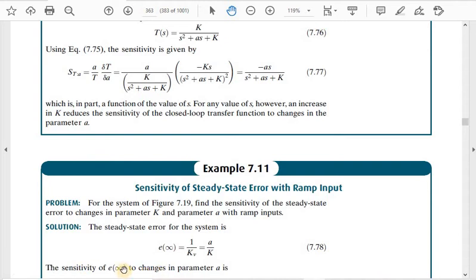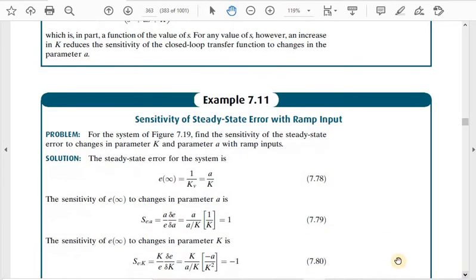Now the sensitivity of error to change in parameter, now this is the error. If we look at the sensitivity of this error with respect to parameter a, how do we do that? We have to multiply a divided by error times the derivative of error with respect to a. So a divided by error becomes a divided by k, so a will cancel out, it becomes k, times, now the next thing is we have to take the derivative of this, that becomes 1 over k, so it is simply 1.